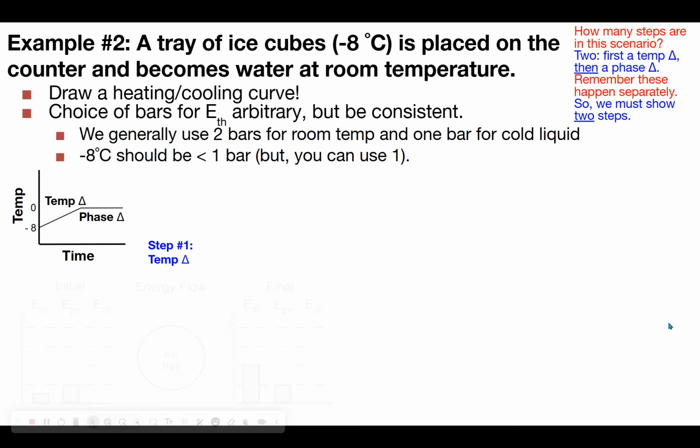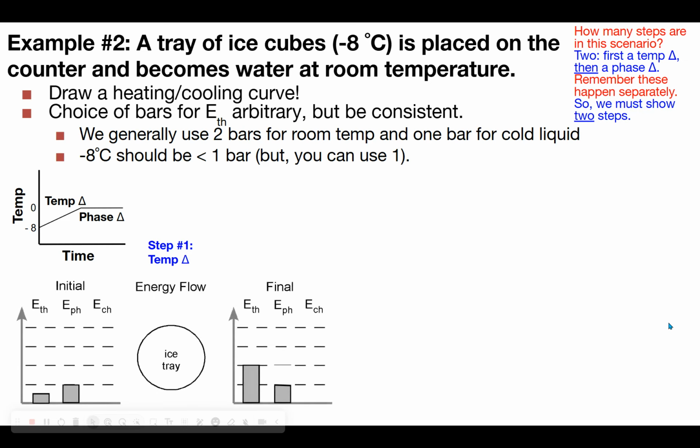So when we do that, we're going to show our thermal energy being quite low for our negative 8 degrees ice. And then you could just go up to 1 to 0 degrees. That's up to you. I wanted this to be really obvious, so I went up to 2. Now my phase, notice, does not change, right? Because this is a temperature change, not a phase change.